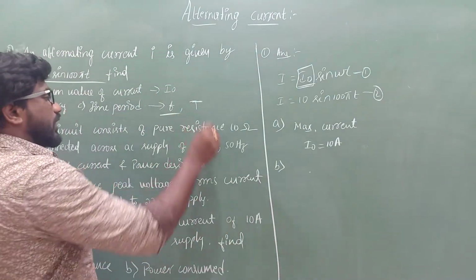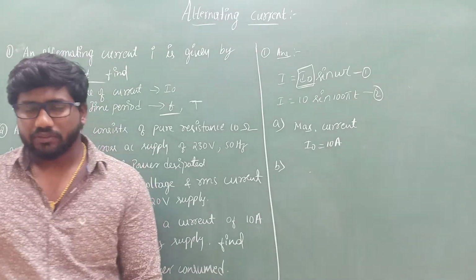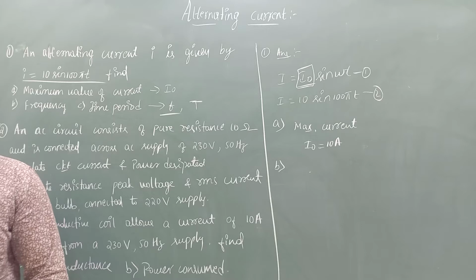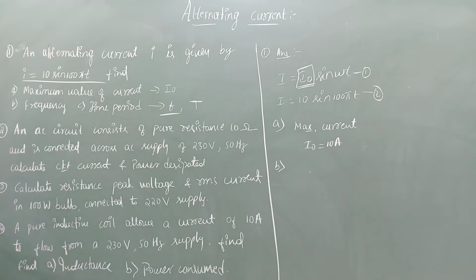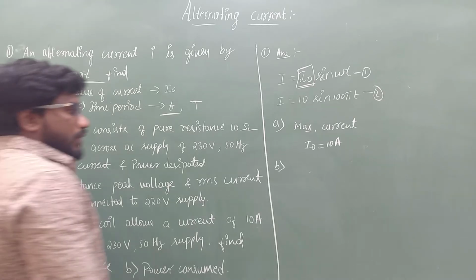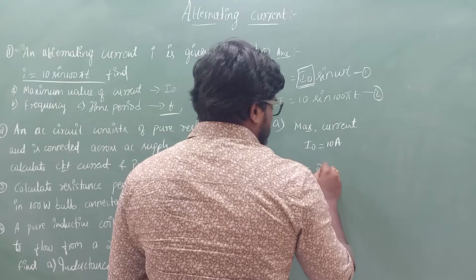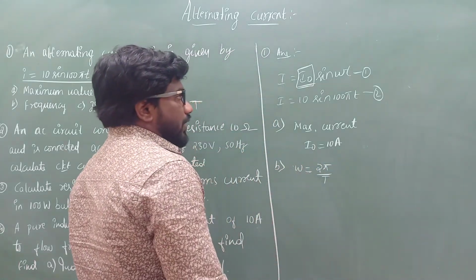What do we need to find? Frequency. We have formulas for frequency: 1 by T is one formula, and we have 2 pi by T. Omega is equal to 2 pi by T. Why did I take omega?